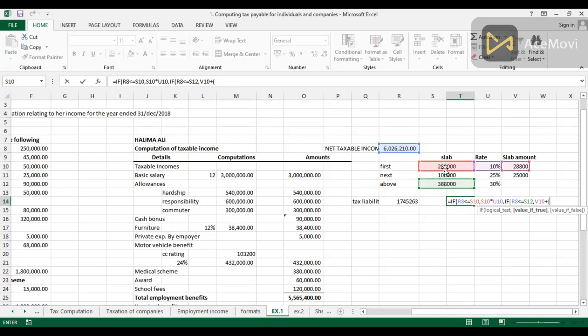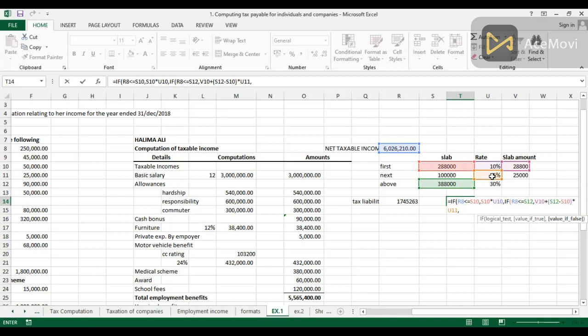So our slab 2, if we add 100 plus 288 is 388 still, isn't it? So I'll take this one, 388 minus 288, isn't it? You close your bracket, then you multiply by 25%, isn't it? Comma, here is where we finish our logical test.